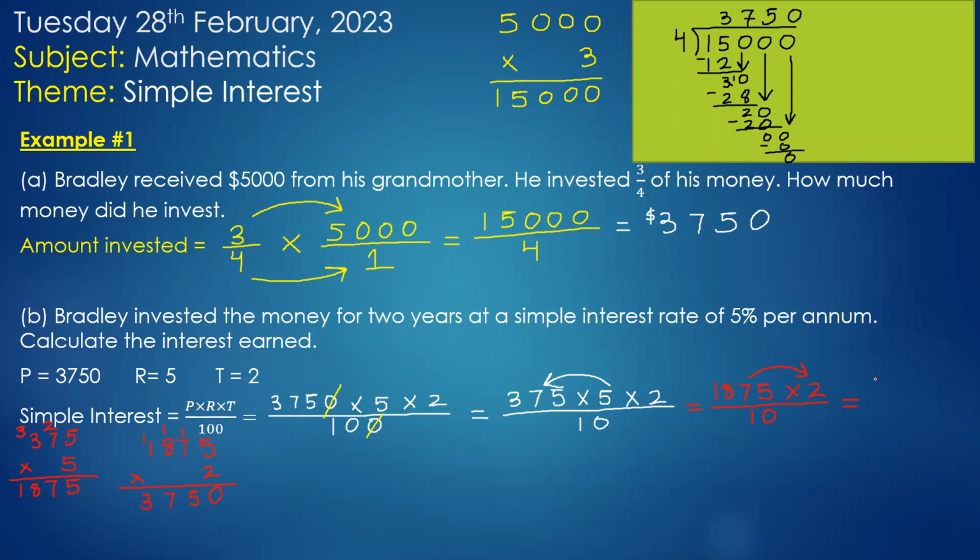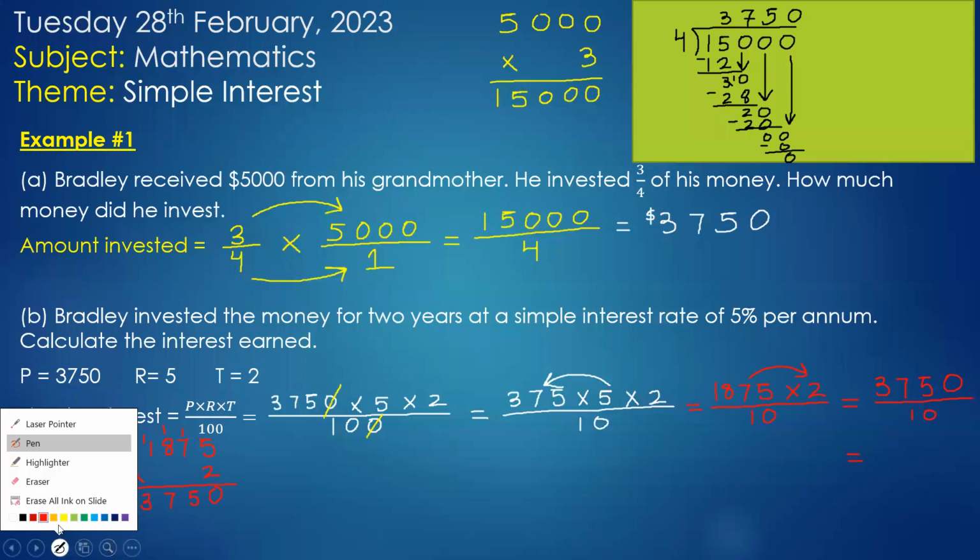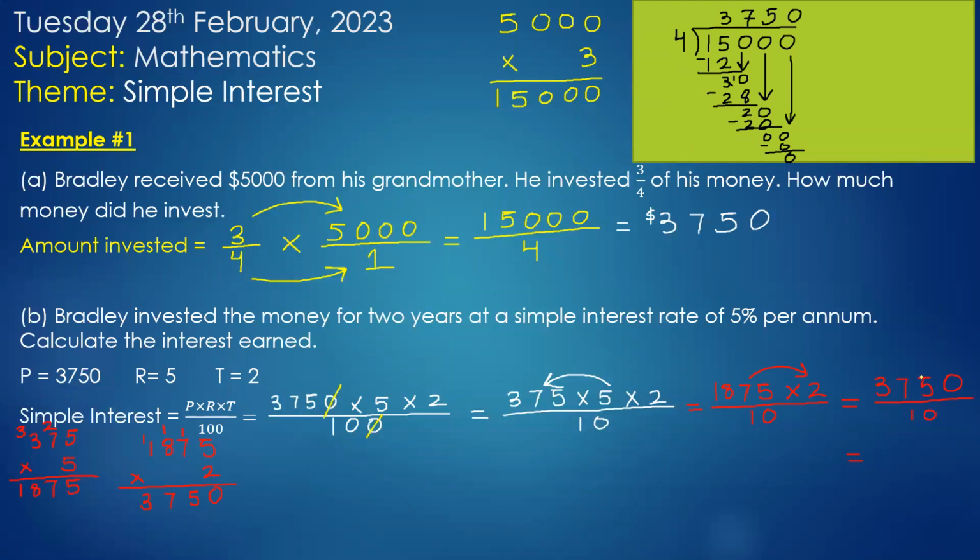So it's 3,750 divided by 10. It's going to be equal to... Now we could easily cancel out the zeros, right? So this 0 and that 0 are going to cancel out. So we're left with 375 over 1, which is still 375. Good.